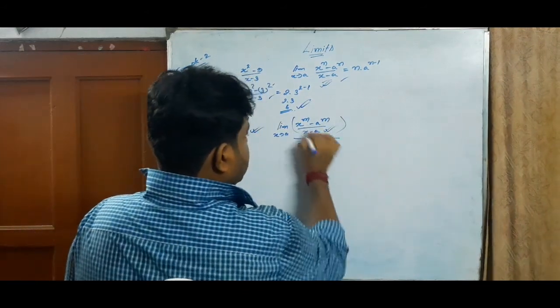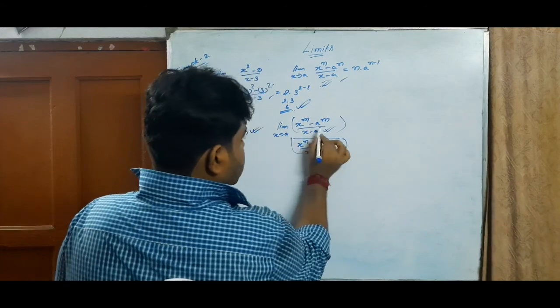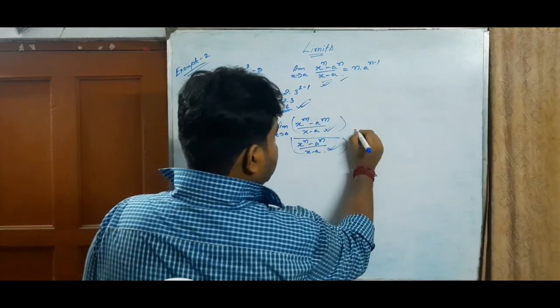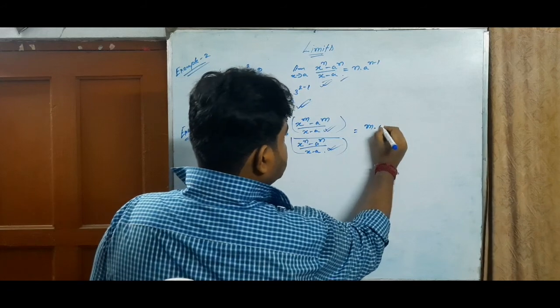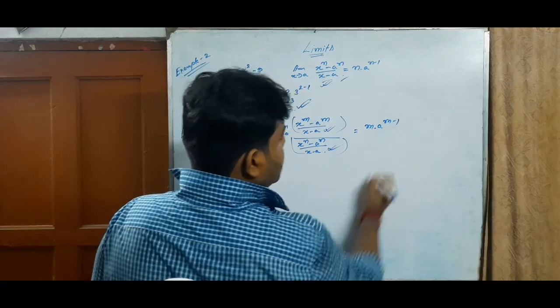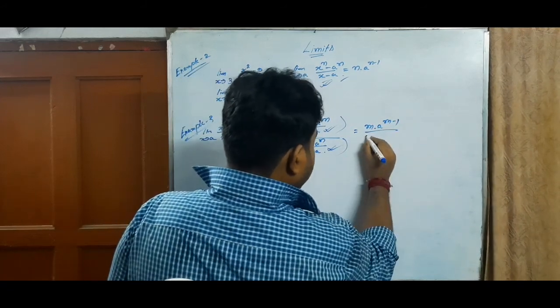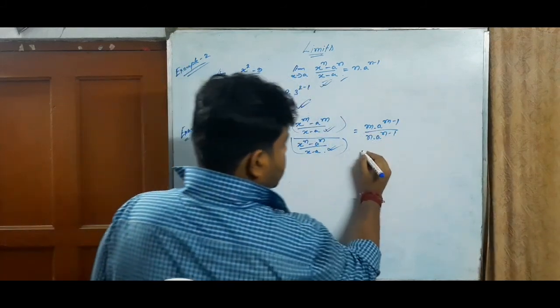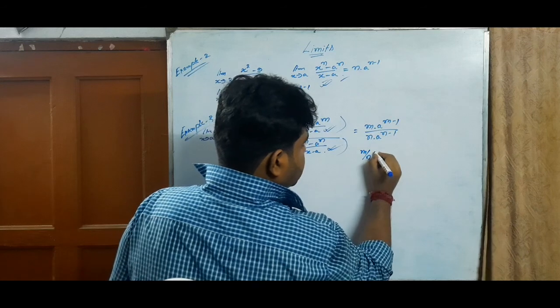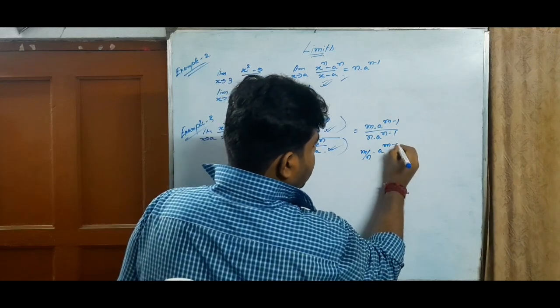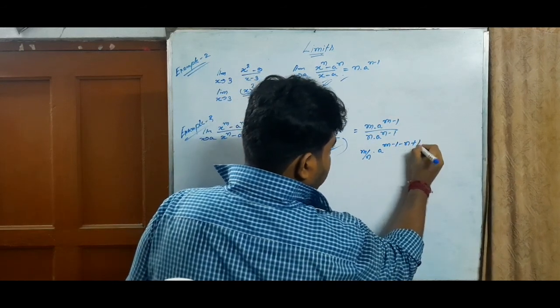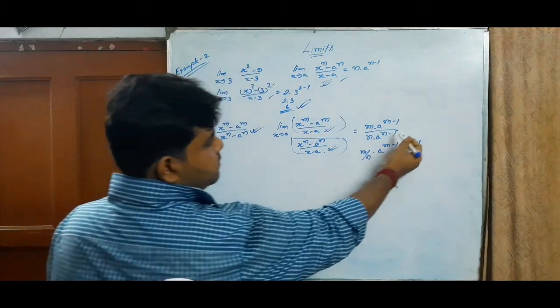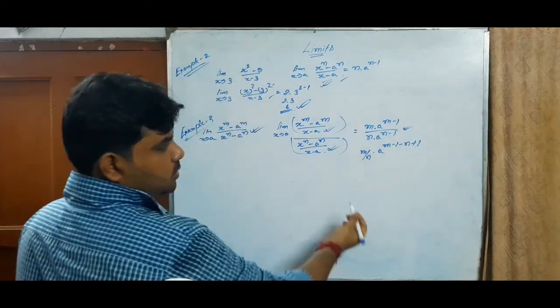So, first, this is the form. What can we write? That is m into a to the power m minus 1 by n into a to the power n minus 1. So m by n into a to the power m minus 1 minus n plus 1. This is proper indices.